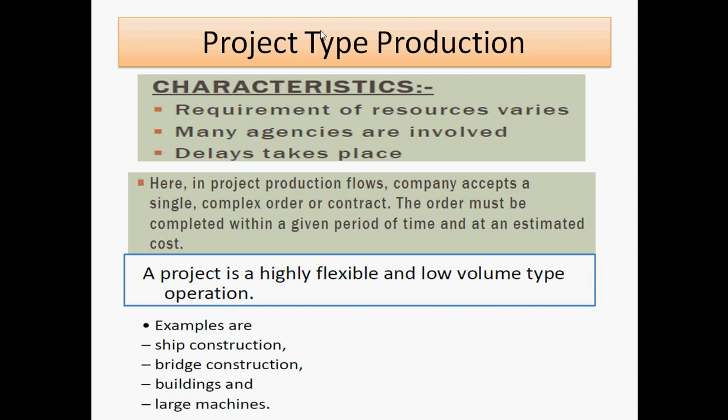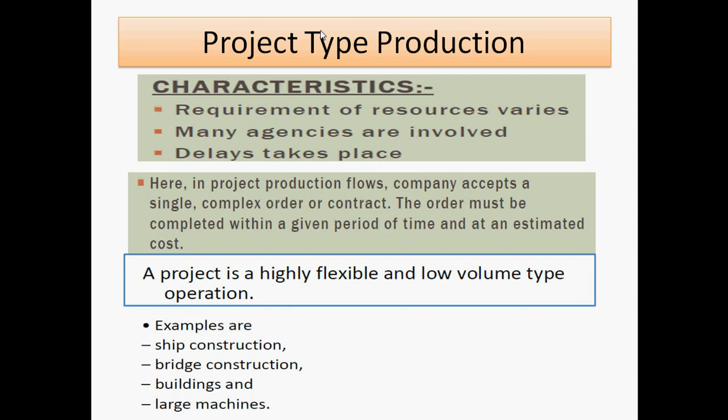Examples are ship construction, bridge construction, buildings and large machines, which is why it requires more time. Here the project has highly flexible and low volume operations. A variety is produced, but the quantity is less. Is it clear? So that is project type production.